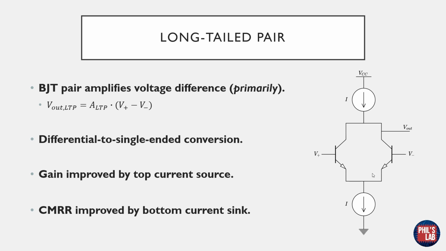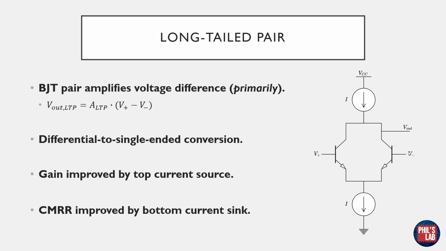This BJT pair, if wired up in a sensible way, amplifies the voltage difference. Again, we will have some common mode amplification, but we primarily want to amplify the difference of the signals seen at these bases. So as before, our output voltage, which we take at the collectors, is some sort of gain of this stage times the difference. This is our ideal case.